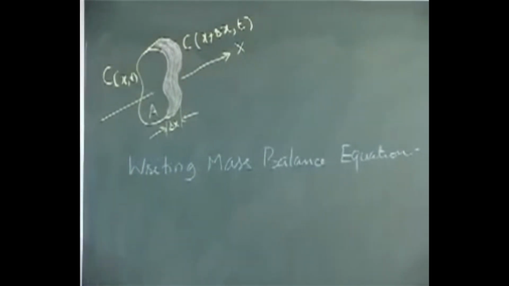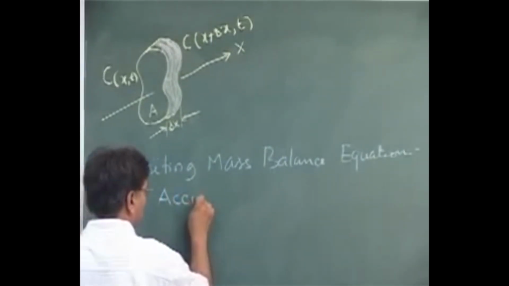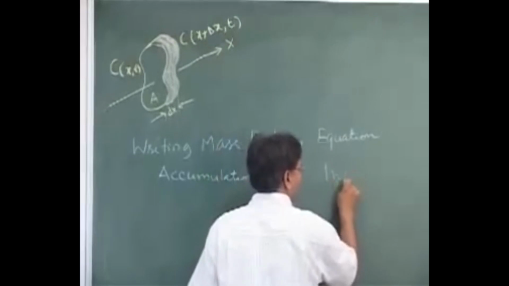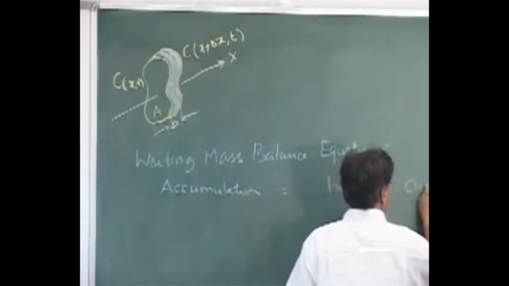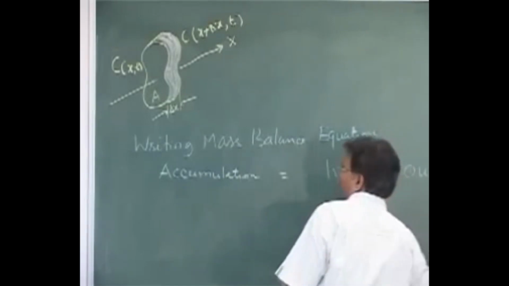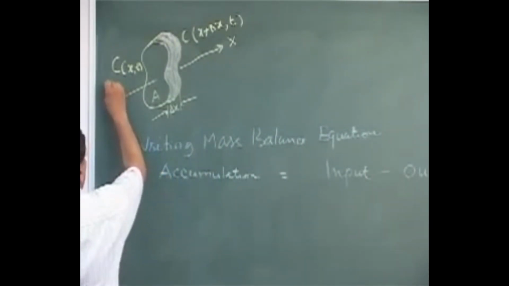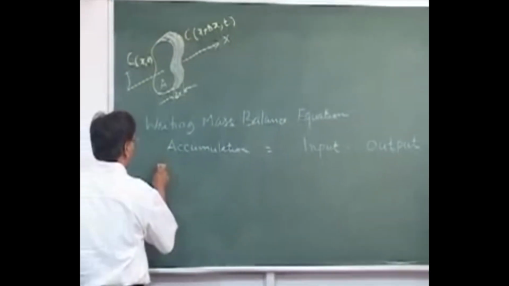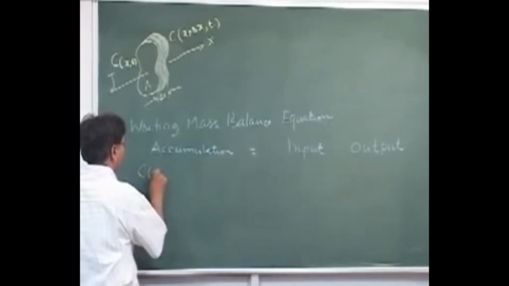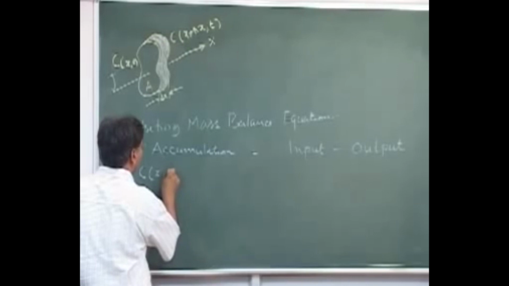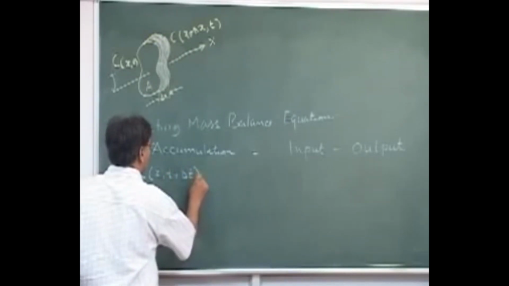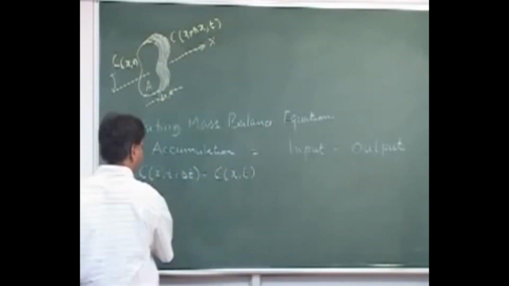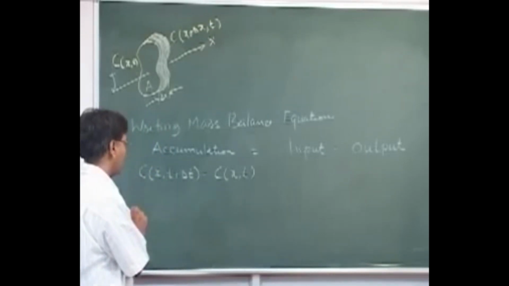So I can say the accumulation inside the strip is input minus output, and the flux which I am talking about here is, let's say, J. The accumulation is the concentration at x, time t plus delta t, minus concentration at x, t. That is the change in concentration you have.